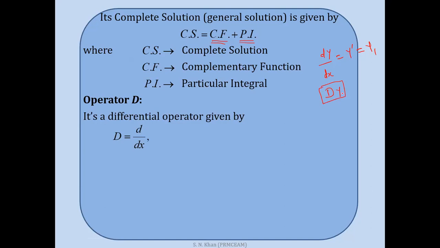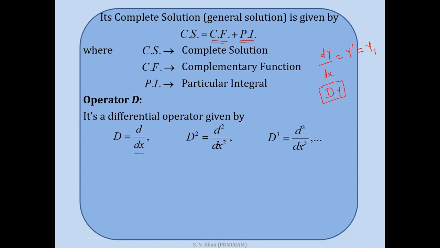Capital D operating on y means that we are taking the derivative of y with respect to x. So capital D is a differential operator and its value is d by dx. Similarly, for the second order derivative, we can use capital D square, which means d2 by dx square. For the third order derivative, we can use capital D cube, which means d3 by dx cube, and it will continue and so on.